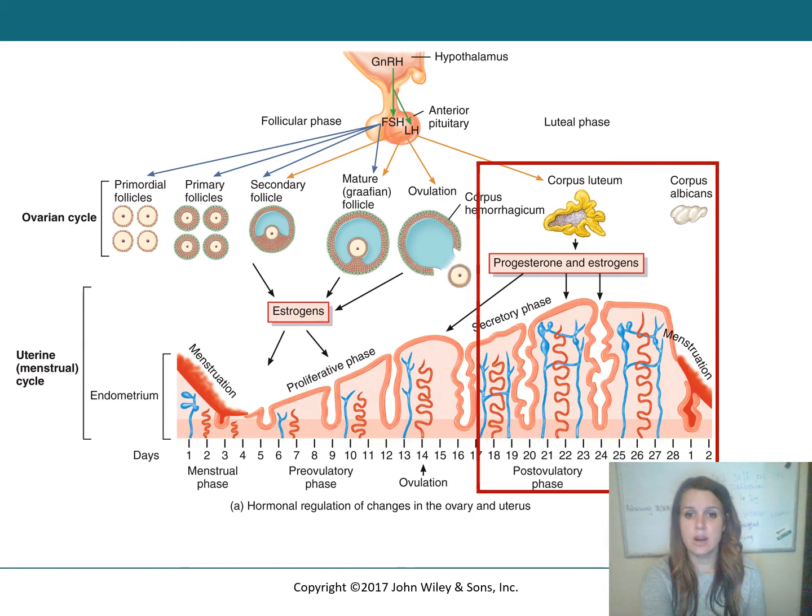And this is where the corpus luteum is the thing that's left behind after ovulation, and this causes the release of progesterone and estrogen, and this allows for maintenance of the uterine lining for a period of approximately 2 weeks, and then after that, menstruation begins, and the menstrual cycle starts all over again.